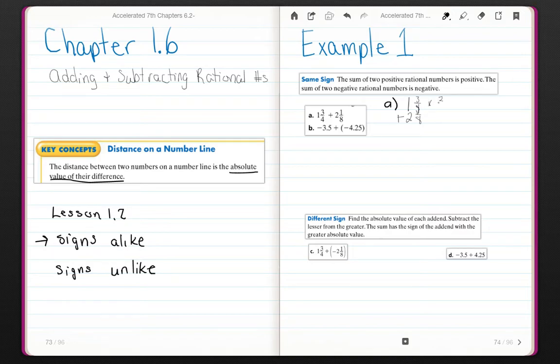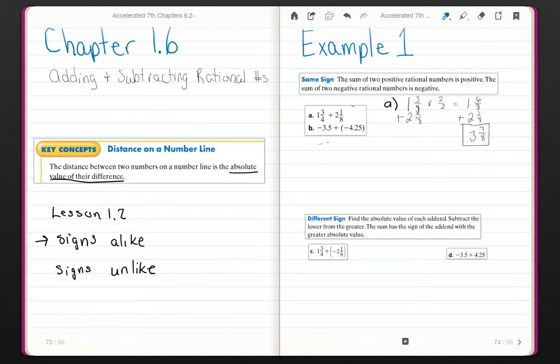So I'm going to multiply by 2 over 2 and get 1 6/8 plus 2 1/8. 6/8 plus 1/8 is 7/8, and 1 plus 2 is 3. So the answer to A is 3 7/8. Positive because both addends are positive.